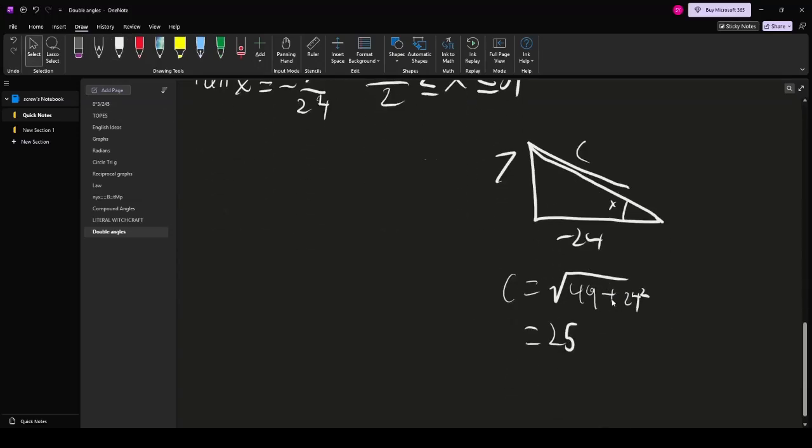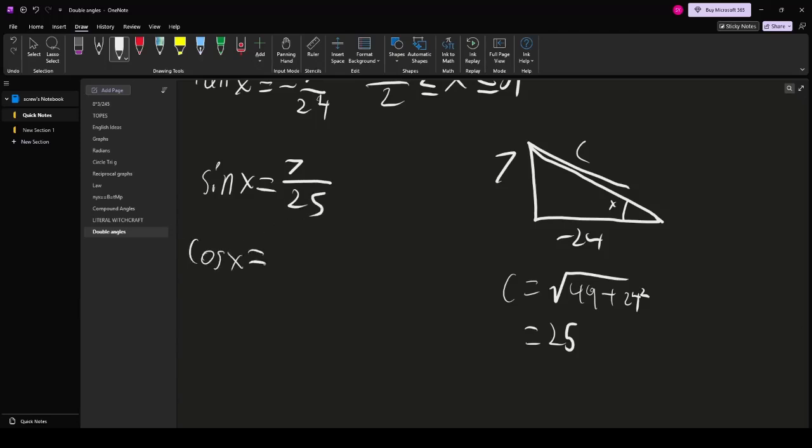Now with all three sides of the triangle, we can figure out the other primary ratios. This will help us find the exact values of the double angles when we input them into the formulas.